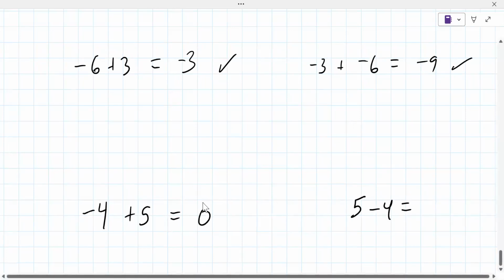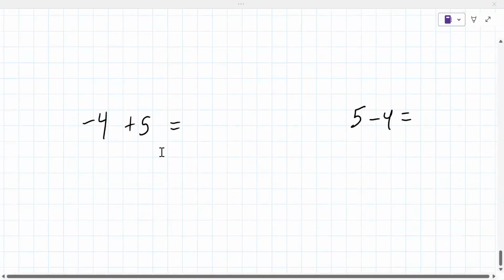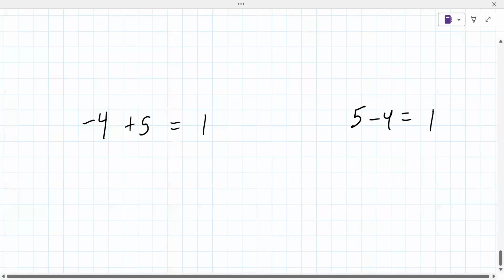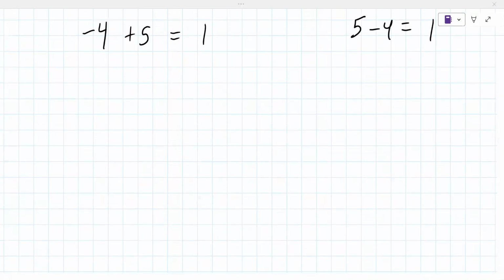Have a couple more here. Negative 5 is further from 0, so it's positive. It should be 1. And then 5 minus 4 is just 1. Okay. Let me grab some more questions here.